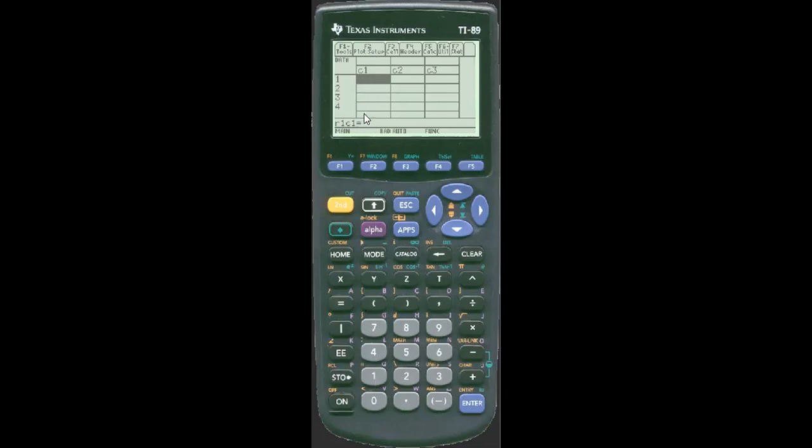Under C1 we do x values, under C2 we do y values. 1, 2, 3, 4, 5.